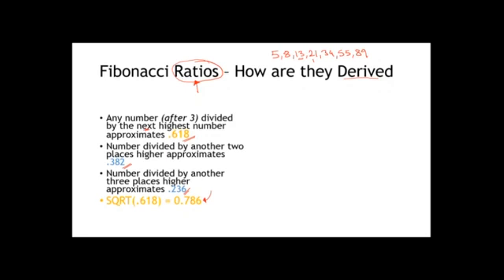Bottom line, we've got ratios 0.618, 0.382, 0.236, and amongst these three, this one is the most important. It's called the golden mean. If I take the square root of the golden mean, I get another number, 0.786, which is also less than 1. So I have four ratios which are less than 1.